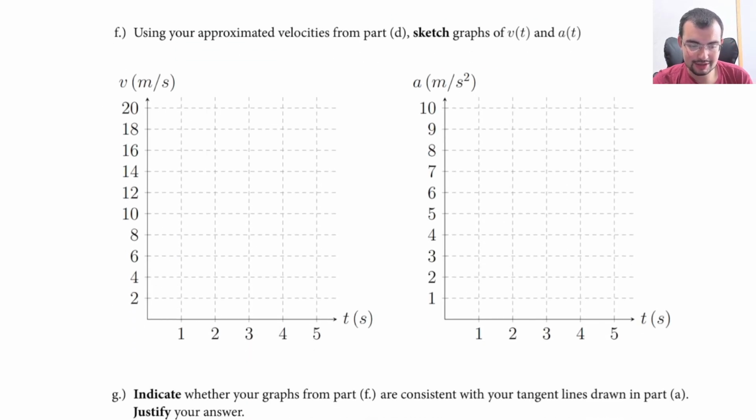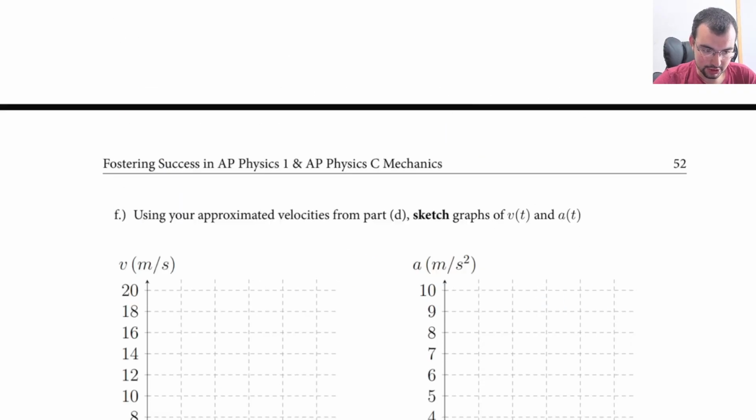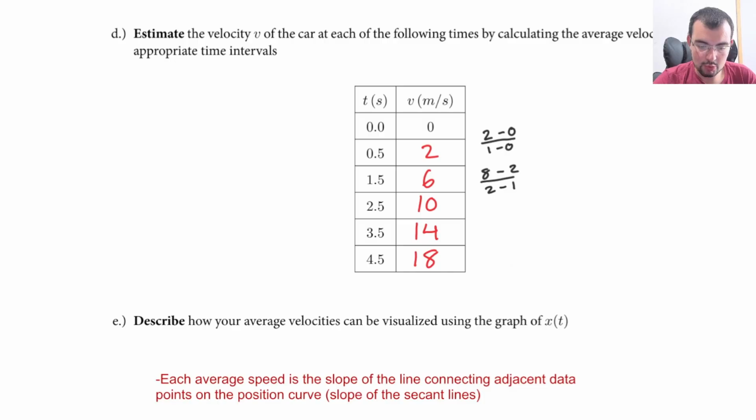All right, using our approximated velocities, sketch graphs of v of t and a of t. So this is just using our best estimate. We don't know for sure what these graphs look like, but we're going to see a pretty clear trend here. What we know for sure is what we chose our estimates for the velocity to be.